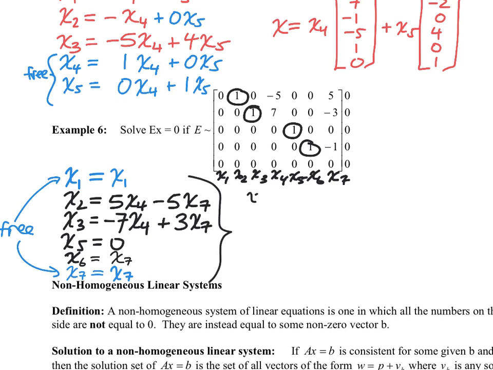So I'm going to rewrite x sub 1 is going to be 1 x sub 1 plus 0 x sub 4 plus 0 x sub 7. X sub 2 is going to be 0 x sub 1 plus 5 x sub 4 minus 5 x sub 7.